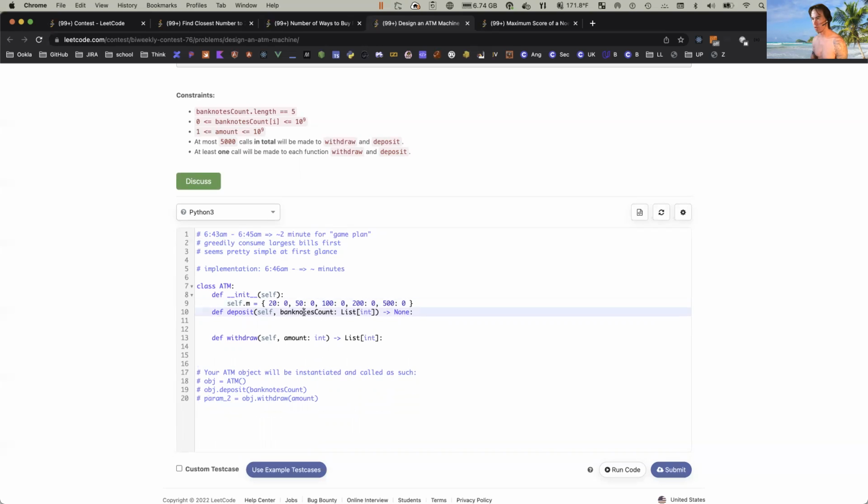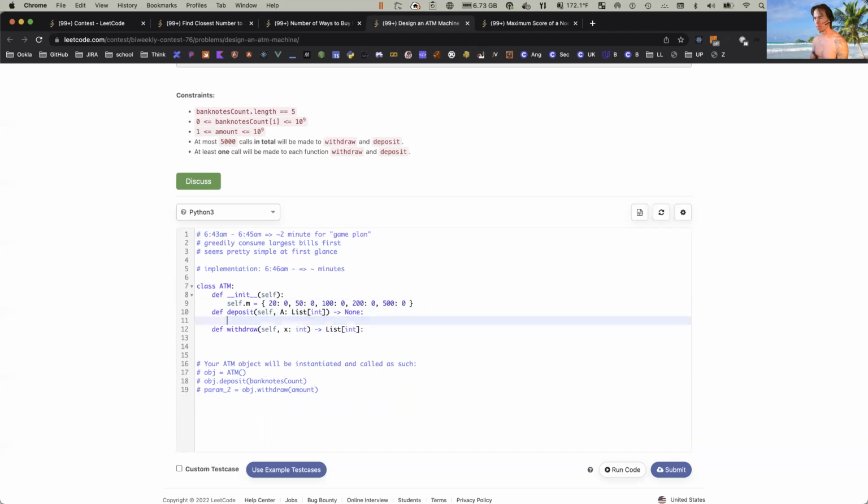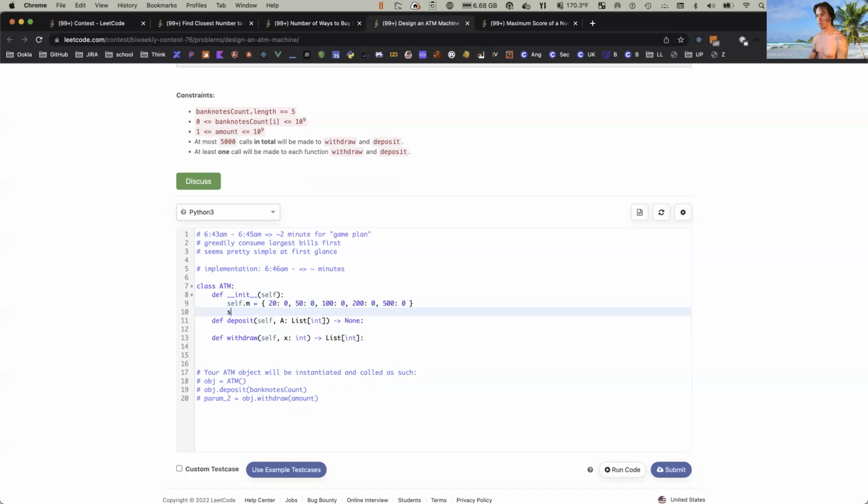Okay, count, deposit, that'd be an array. Withdraw x. Okay, so the first index maps to 20. How do we want to store this? Maybe self.bucket, maybe a mapping of buckets.